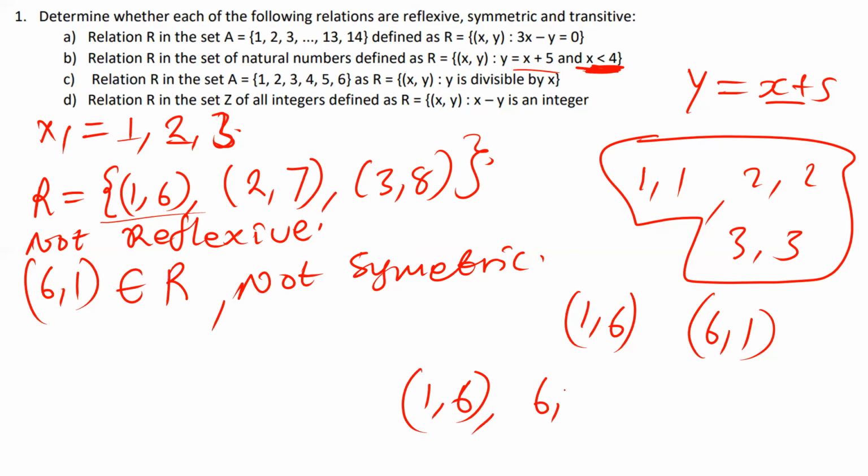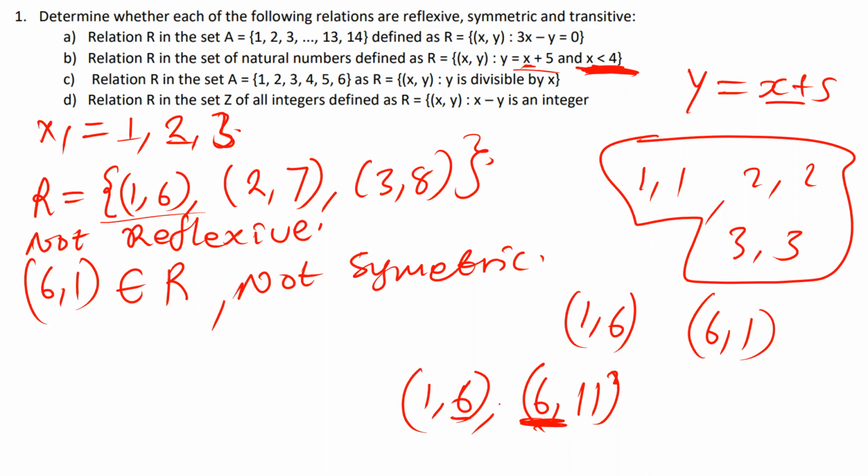We don't have anything starting with 6, because if you put 6 there where there's x, the answer you're going to get will be 11. But according to the given condition, the value of x should always be less than 4. So putting 6 there is not one of our solutions. Hence, the relation is not transitive.